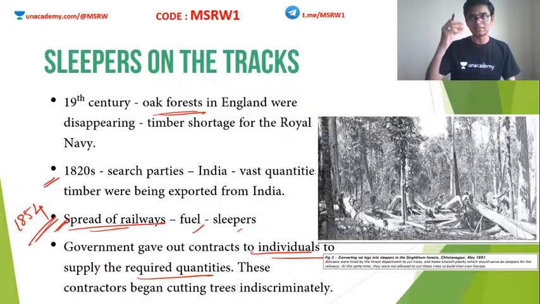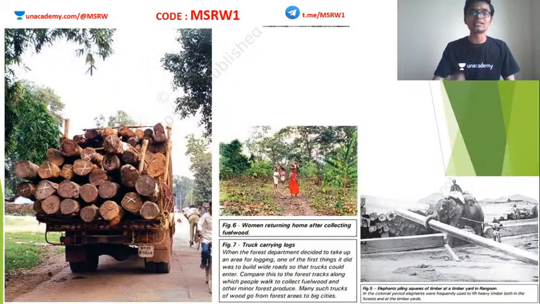And when individuals get these kinds of quotations, what do they do? They try to take advantage of the situation. They start indiscriminate exploitation of forests to gain more and more profit. So these contractors who got contracts from the European nations started felling trees indiscriminately. This led to a lack of forest and indiscriminate exploitation of biodiversity.